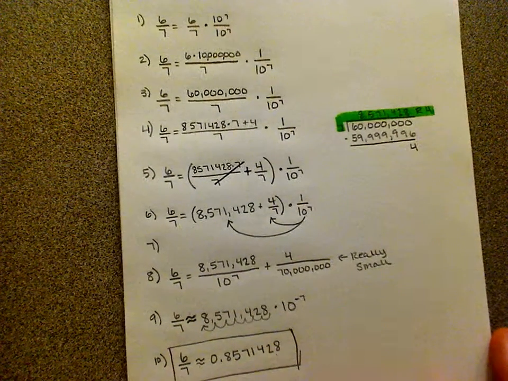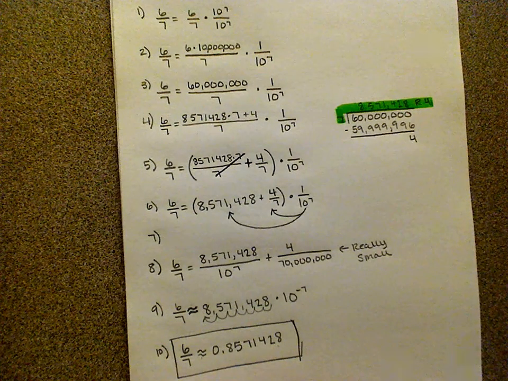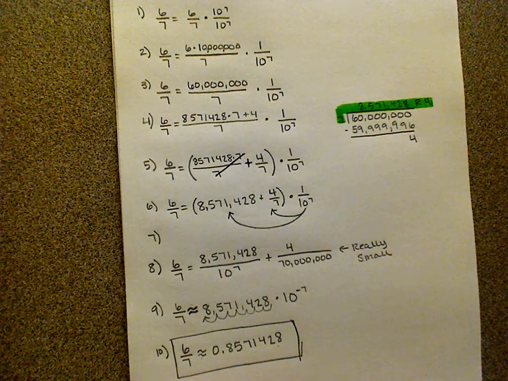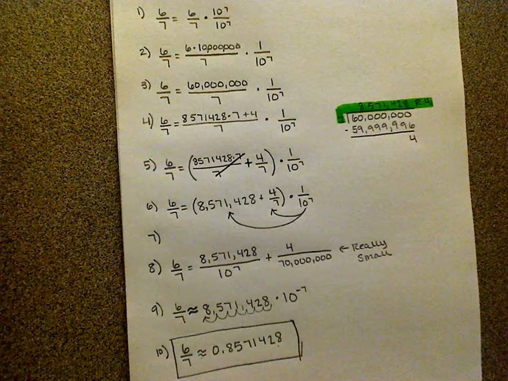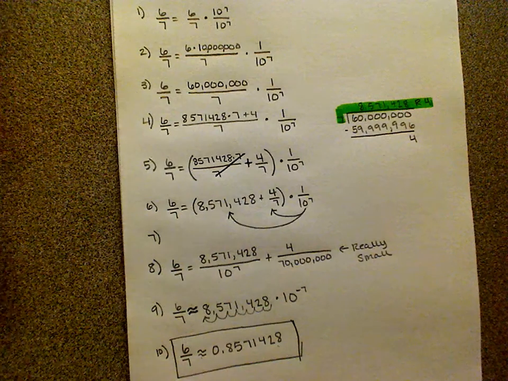All right, get out the highlighters. Okay, I'm going to read the step and give you 3 seconds to highlight it before I highlight it. So I want you to try to see if you're going to highlight the correct spot. So step 1 is to multiply the fraction by a power of 10.